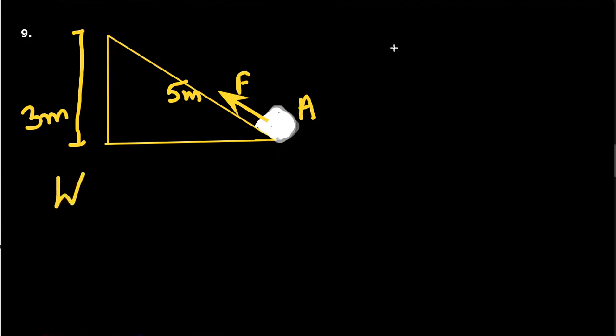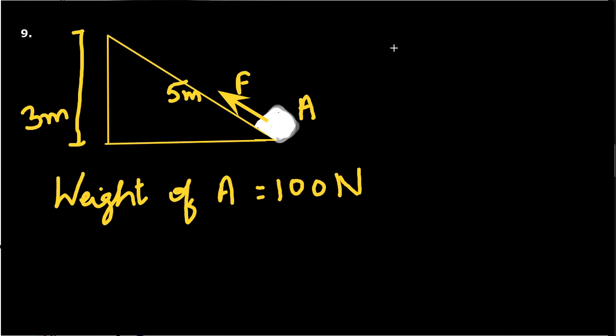So the weight of object A is 100 Newton given in the question. It is pulled up a slope of length 5 meters by means of a force. Now you are applying a force, and luckily that force is also given to be 100 Newton. I am applying with the force of 100 Newton.